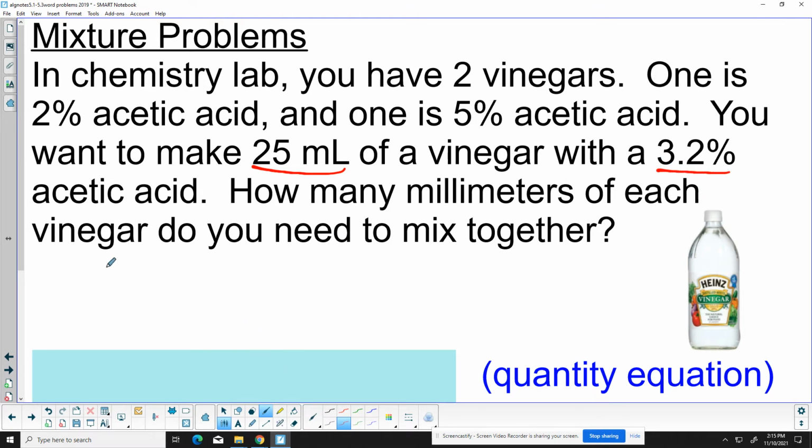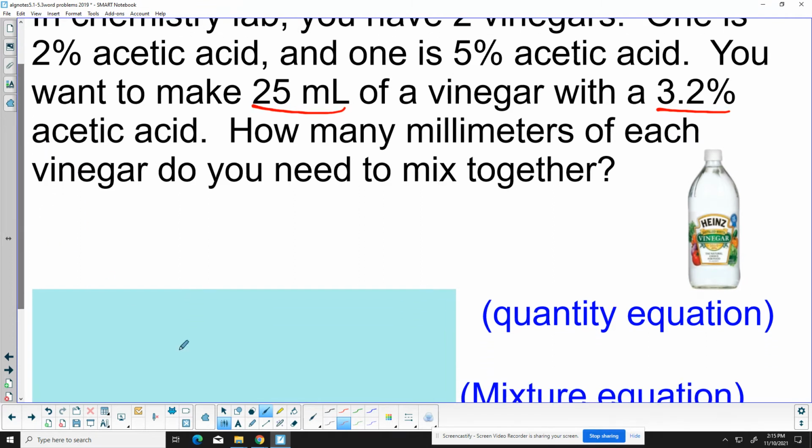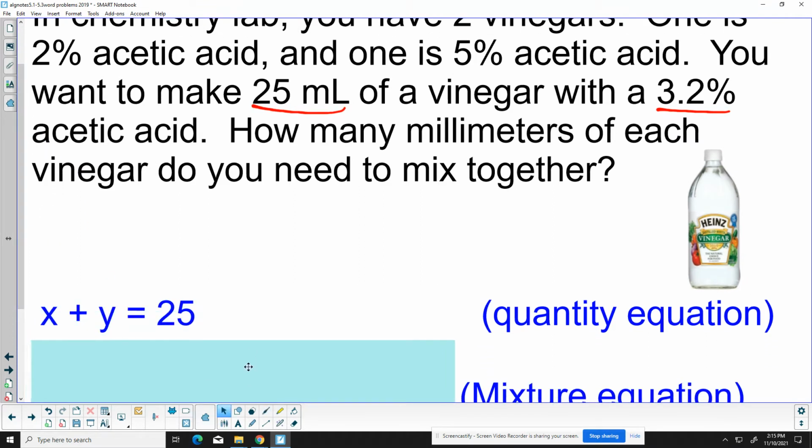So for my quantity equation, because I want to make 25 milliliters, I do x plus y equals 25, where x, I should write down what x is so I don't get confused. X is the 2% acetic acid mixture of vinegar, and y is the 5% acetic acid mixture of vinegar. So I'm adding those two together and I want 25 milliliters.